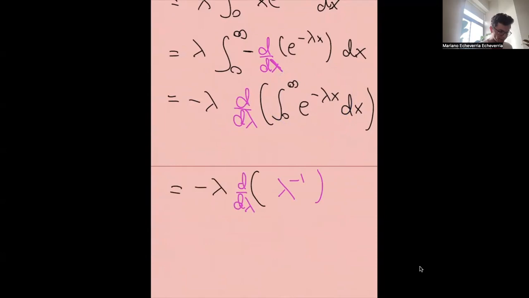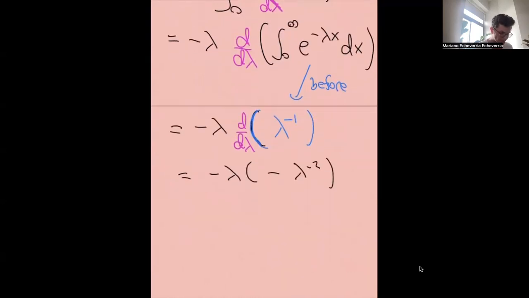So yeah, we did this before. And then when you take the derivative, it's minus lambda times minus lambda to the -2. The minus signs cancel out, and you get lambda to the -1, which is 1 over lambda. So that's another way to find the expected value with the derivative trick.